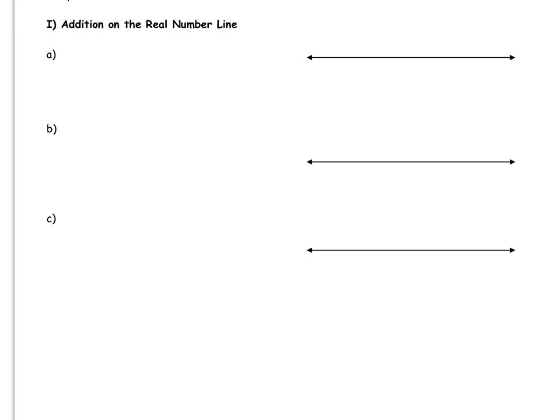So let's start with a simple example here. Let's say we're starting at 0 on the number line, and we want to add 3. So we all know that 0 plus 3 is 3, but let's do this in terms of vectors. So we're at 0, and we are going to move to 3 on the number line.